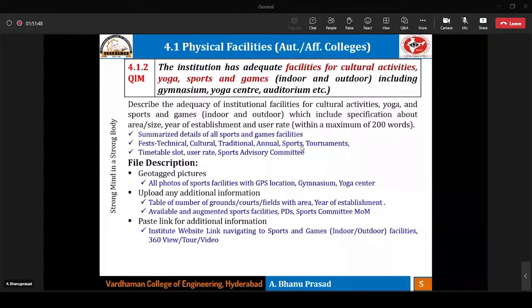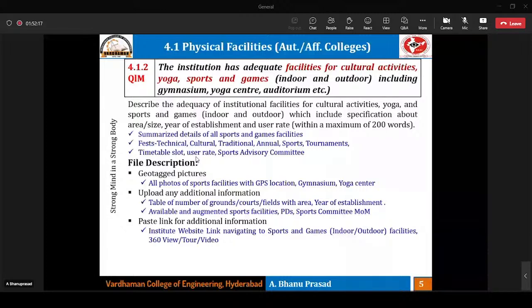Since it is about sports, we should have at least a time slot in the timetable. Many colleges provide it. The same is asked for, to write about the usage rate. So if you have the timetable slot, students will definitely go to the playgrounds or utilize the opportunities.